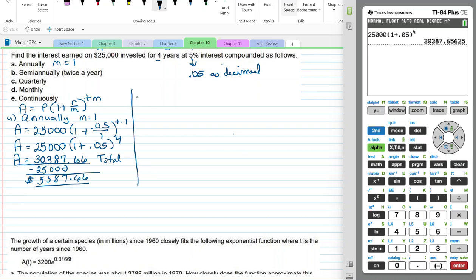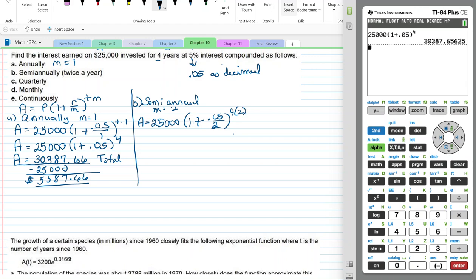Next one is semi. Right, so that means M is 2. So we have A equals $25,000, 1 plus 0.05, and this shows you divided by 2 raised to the 4 times the 2.